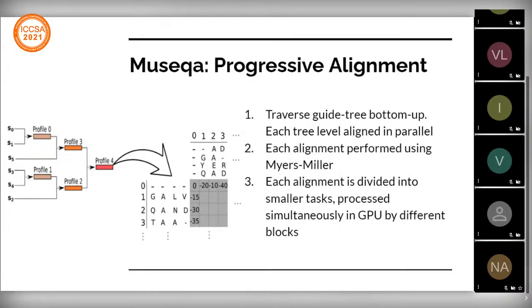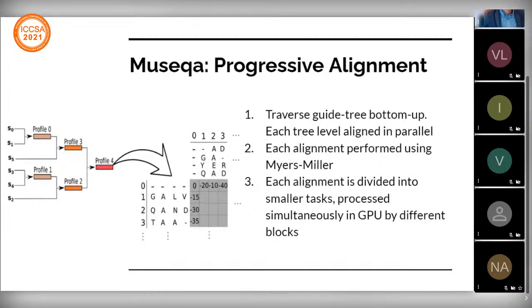But here we have to use a different algorithm because GPU memory is very limited, and we can only perform one profile alignment in a GPU at a single time. So here we also have to take care of data transfer between nodes.